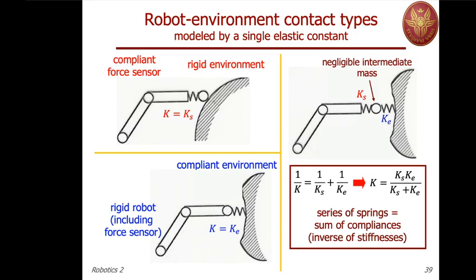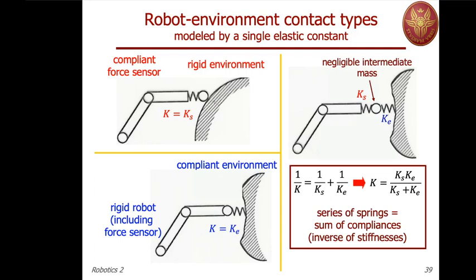And if you reverse this in order to get the stiffness of the contact K, you will see that you have the product of the stiffnesses of the sensor and of the environment divided by the sum of them.